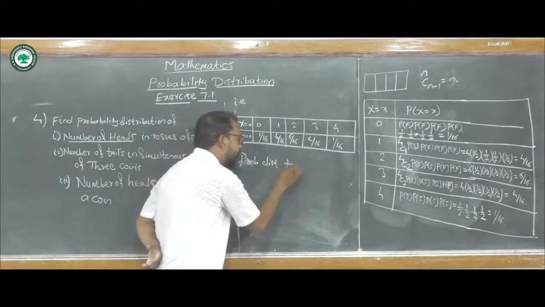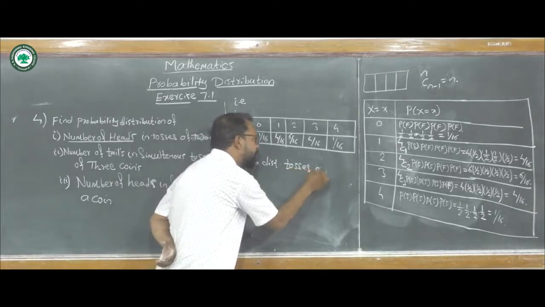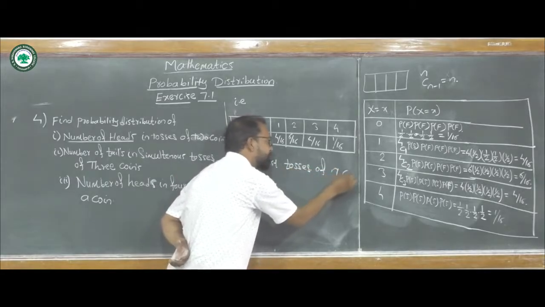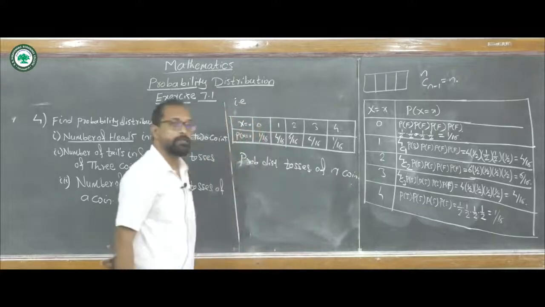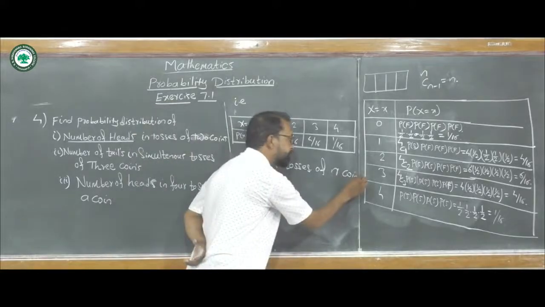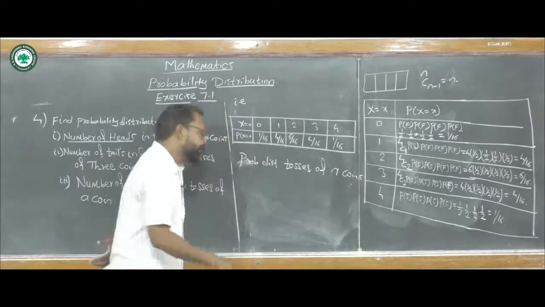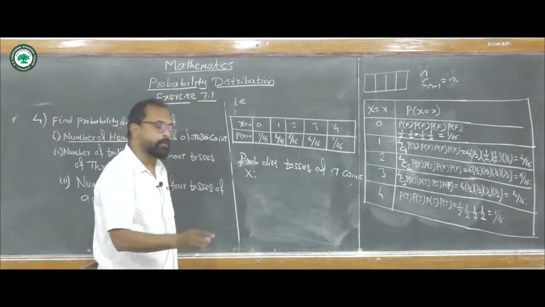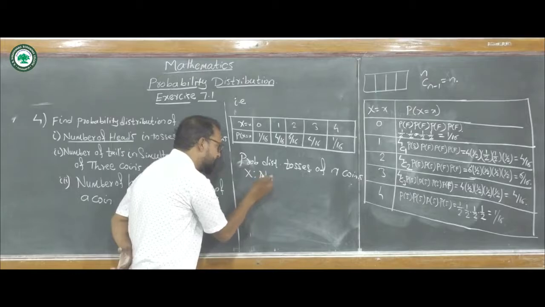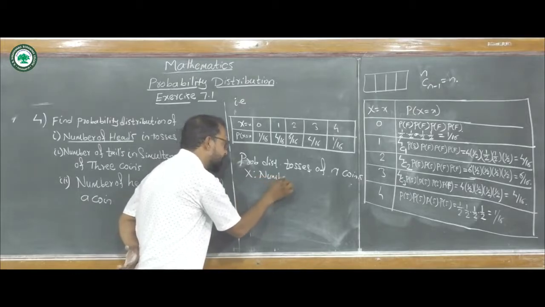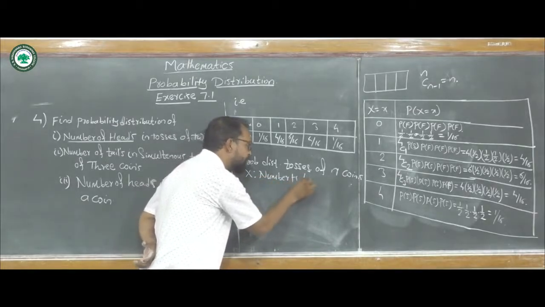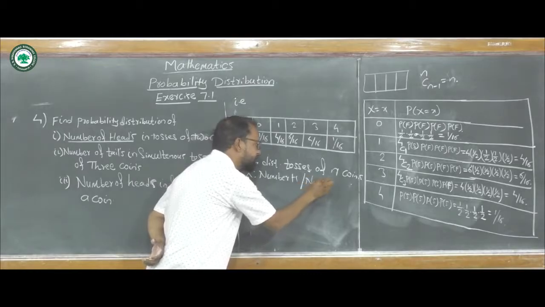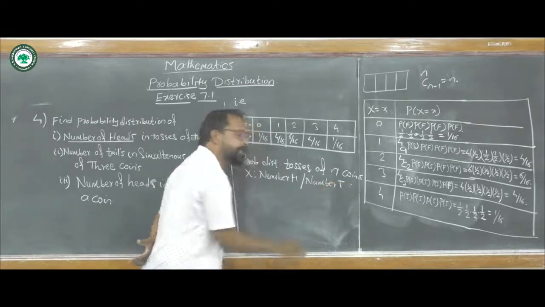for n tosses of a coin, in these n tosses you can define X as the number of heads or the number of tails.